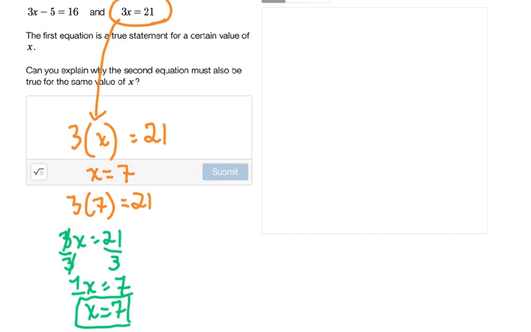So I already know what the value of x is, and I want to make sure, if I substitute it in right there, will it indeed be a true statement? So I'm going to use this value of x is equal to 7, and I'm going to substitute it in. So I'm going to go 3 times 7 minus 5, and I want to know, does that equal 16?